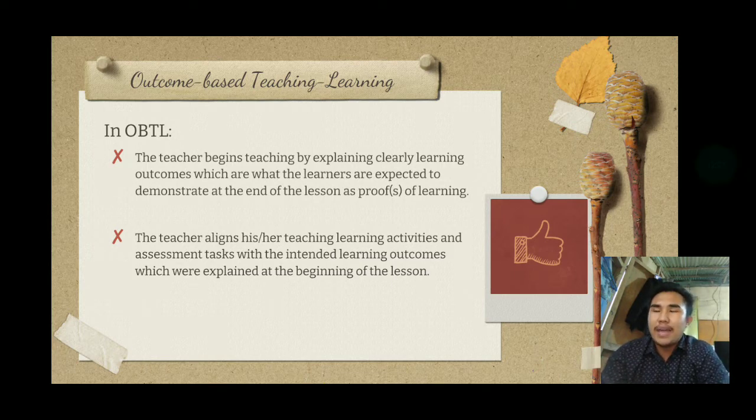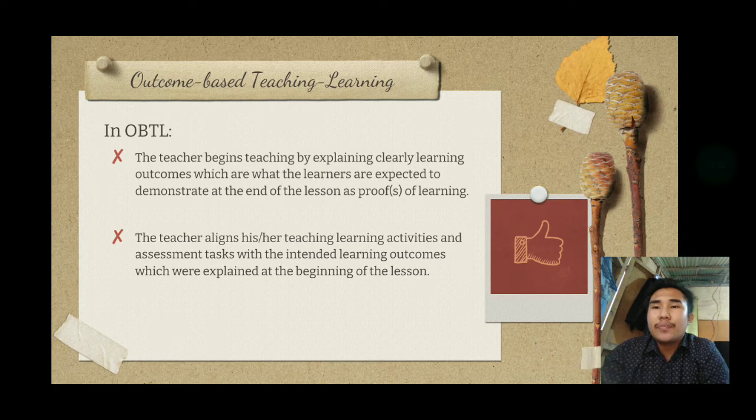Let's say, for example, your topic is all about dangers of alcohol. So your objectives there are to describe what alcohol is, identify 3 types of alcohol, and perform criterion-based assessments. Let's say, for example, role play.